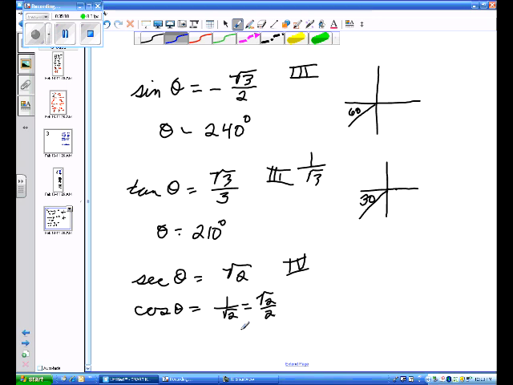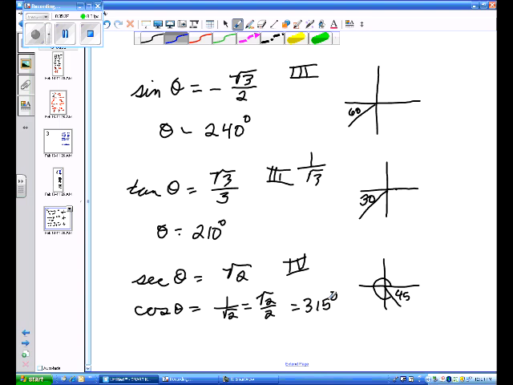Well, 45. And we're in the fourth quadrant, so our reference angle is 45. So our angle is 360 minus the 45, because all the way is 360, but we didn't go that 45. So 360 minus 45 is 315 degrees.